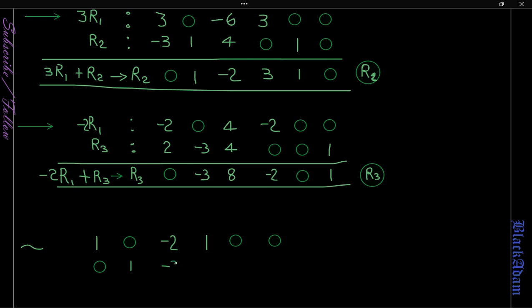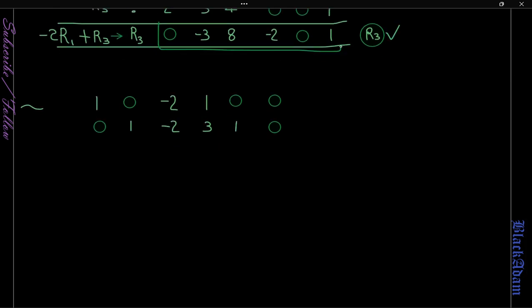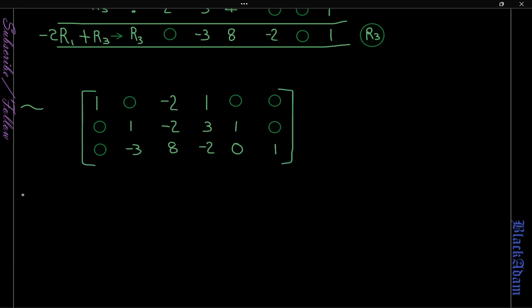So that's going to be 0 1 -2 3 1 0, that's row 2. And row 3 we have 0 -3 8 -2 0 and 1, and then from there we choose the second and third row.